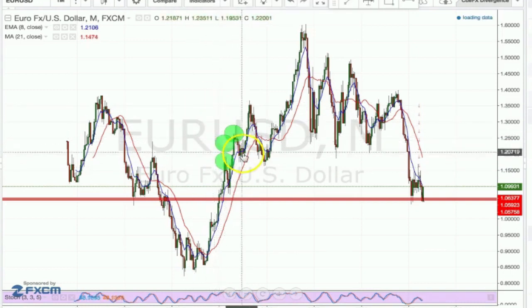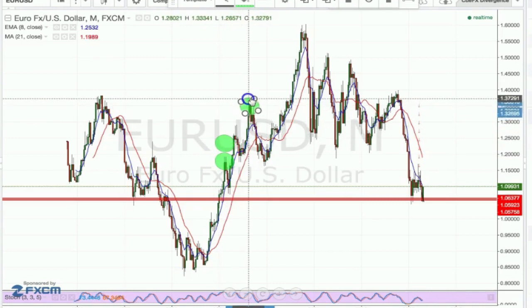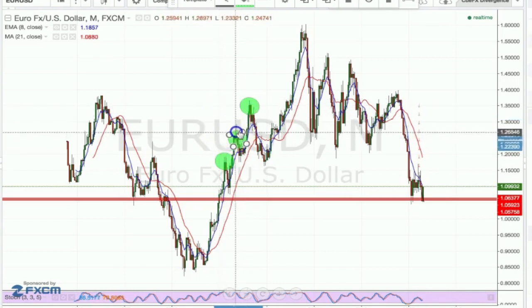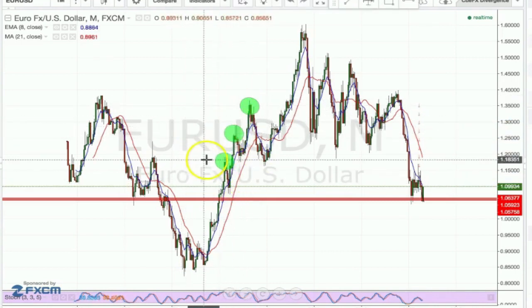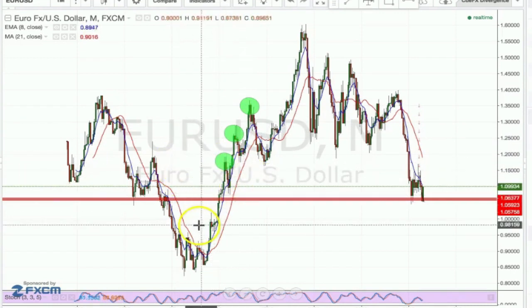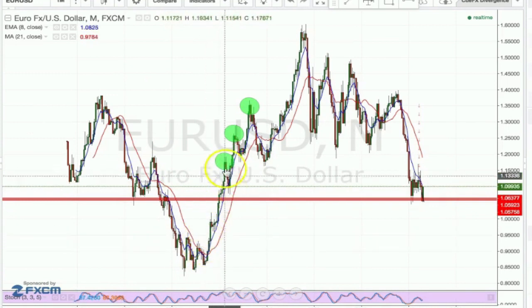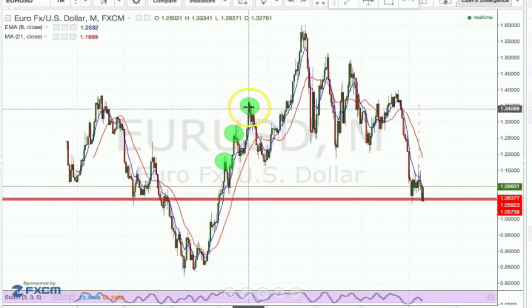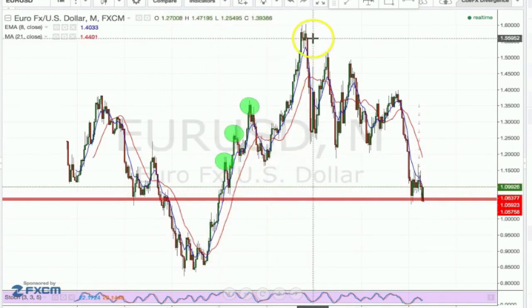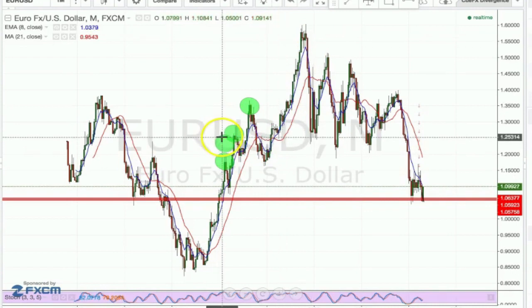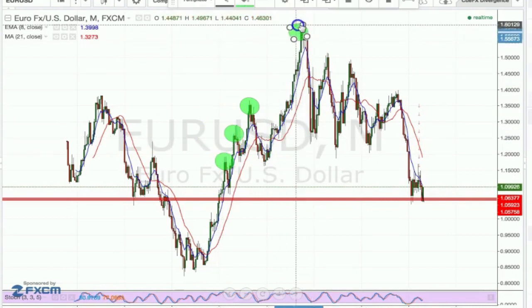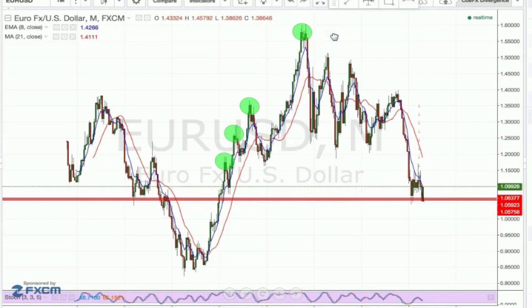As the market is trending up, the new high is higher than the previous high. It went up, pulled back, went up, pulled back, went up, pulled back, and went up again. These are all called higher highs, and you'll see that on an uptrend.